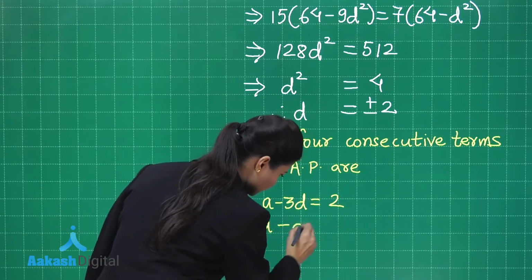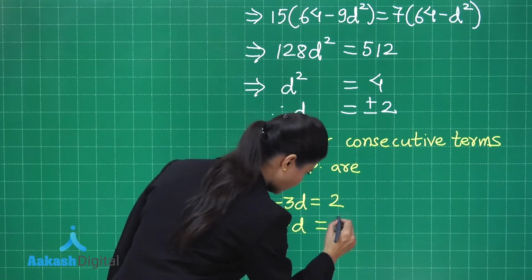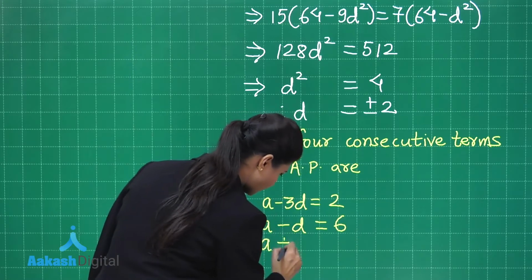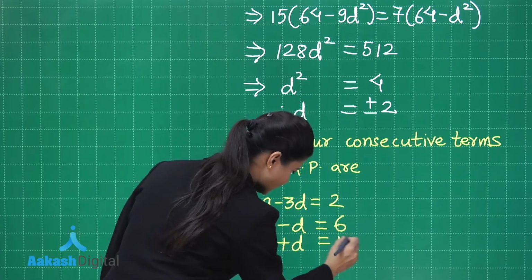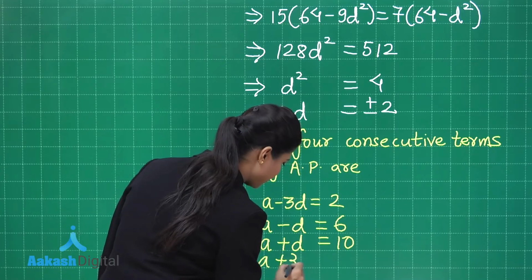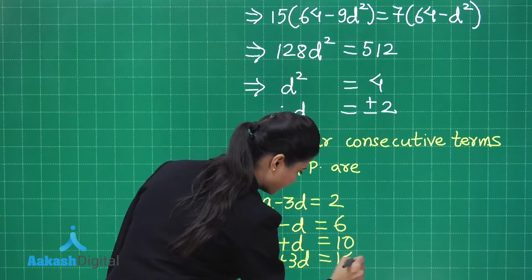Next A minus D, 8 minus 2, I get 6. A plus D, 8 plus 2, 10. Then A plus 3D, I get 8 plus 6, 14.